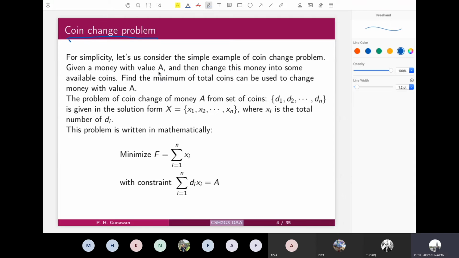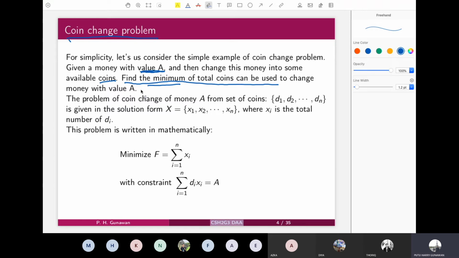Given a money, you have a paper money with value A, and you want to change your money into some available coins. You would like to find the minimum total number of coins that can be used.